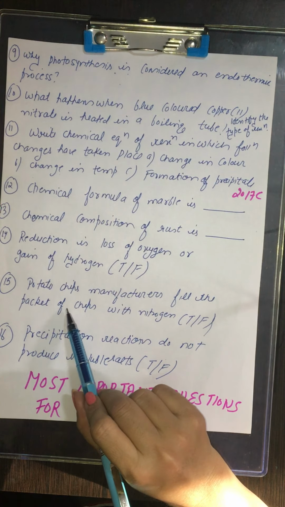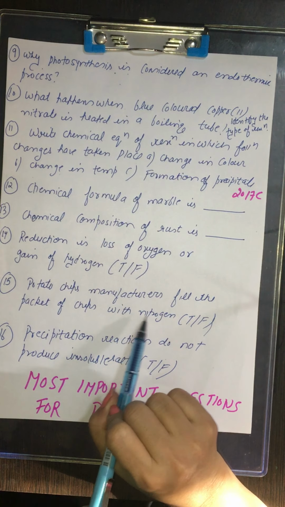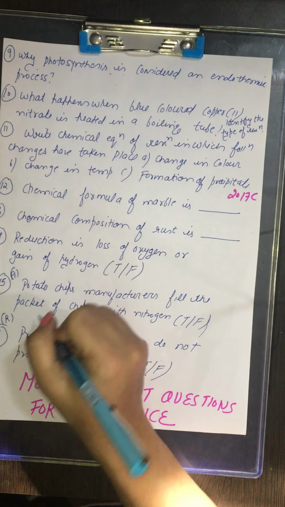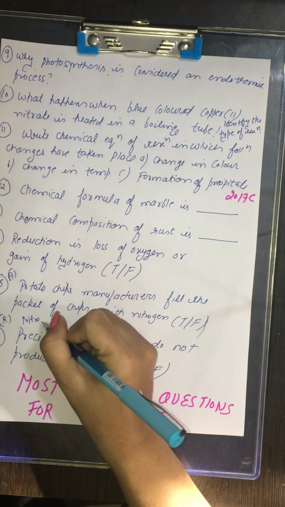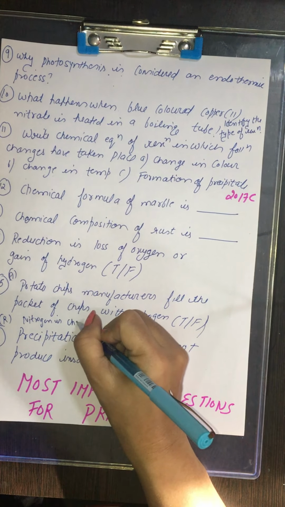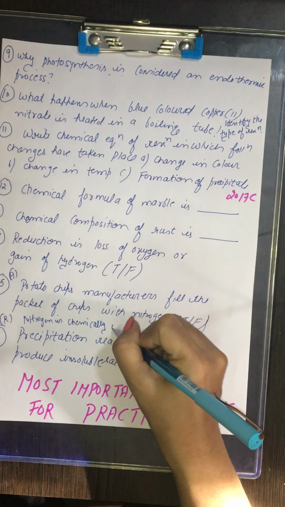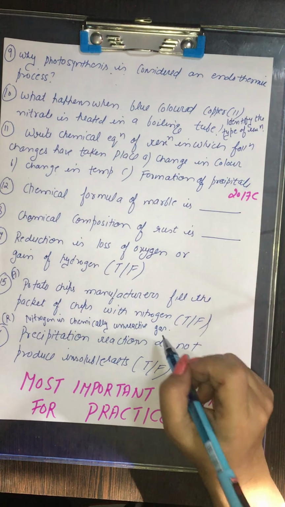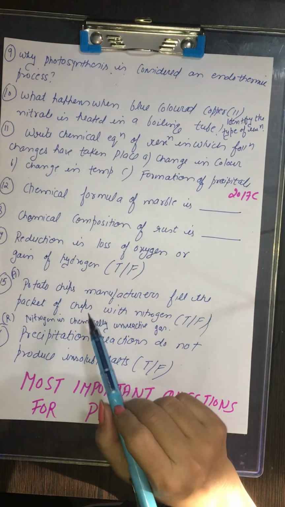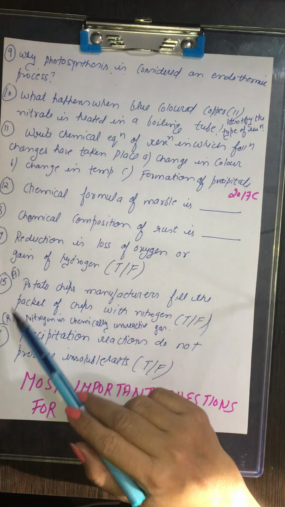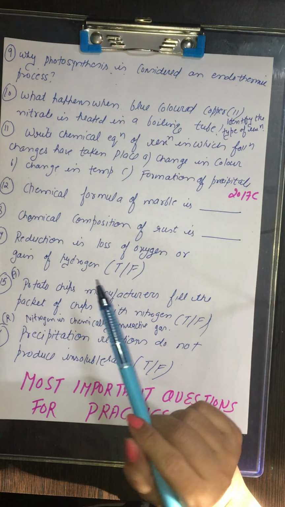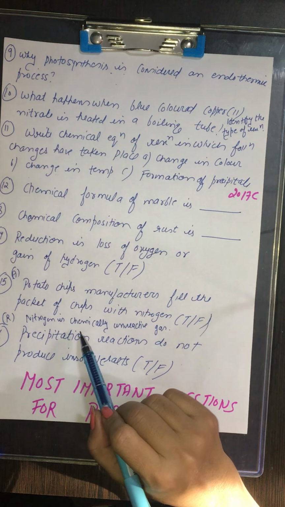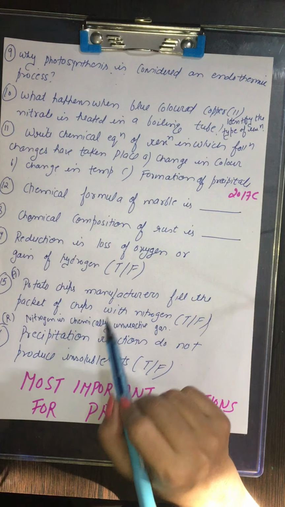अभी हम इस सेम क्वेश्चन 15 को assertion और reasoning में भी पोर्ट्रे कर सकते हैं. सपोज दिस इज द assertion और इसका रीजन है नाइट्रोजन इज केमिकली अनरिएक्टिव गैस. तो आप इस क्वेश्चन को इस फॉर्मेट में भी आंसर कर सकते हो. वेदर assertion एंड रीजन आर ट्रू और नॉट. आपको बेसिकली मुझे इसमें यही बताना है कि assertion अगर ठीक है तो वेदर रीजन इज द करेक्ट एक्सप्लेनेशन ऑफ assertion और नॉट.